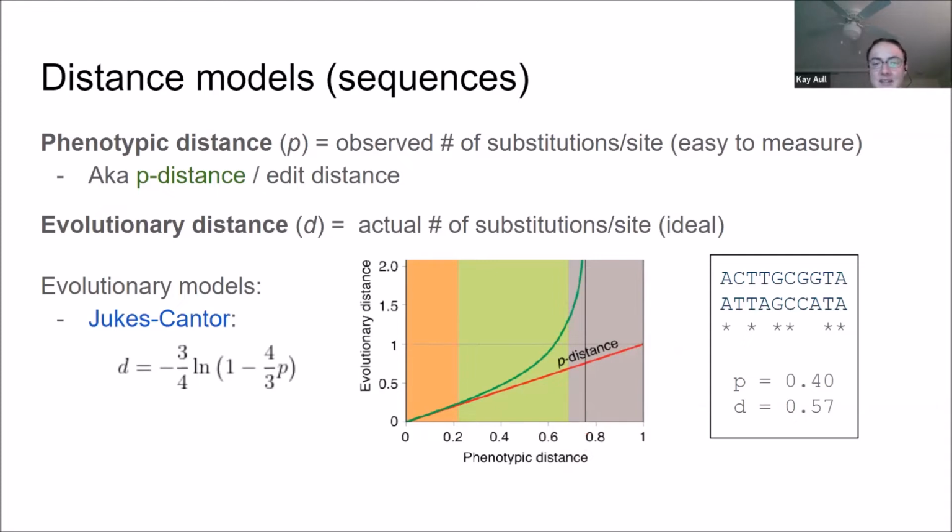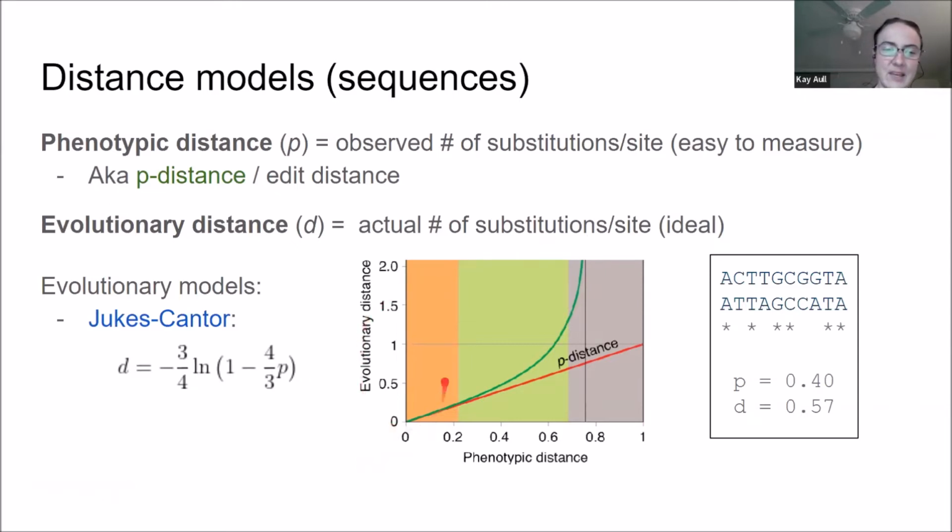And so you'll get this asymptote, where as evolutionary distance increases, your phenotypic distance increases more and more slowly. There is an equation where you can plug in your phenotypic distance and get an estimate of your true evolutionary distance, which goes exponentially up the closer you get to that 0.75 randomness mark.